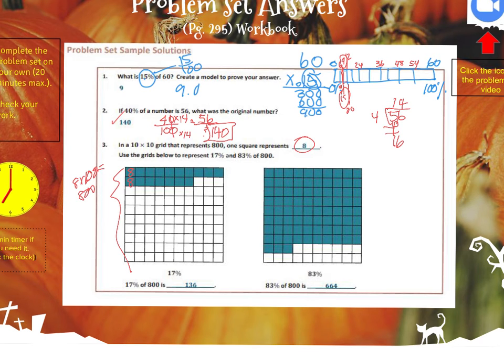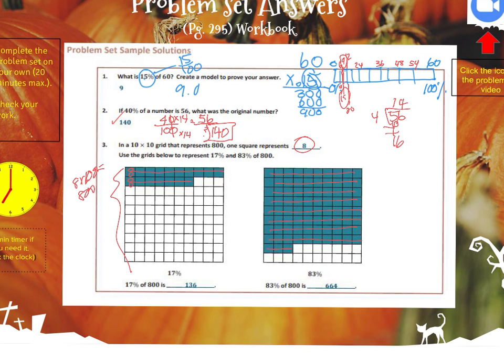And then use the grids below to represent 17%. So that's 17, so 10 and 7, 17 out of 100. That's accurate. And then over here, we have 10, 20, 30, 40, 50, 60, 70, 80, and before you fall down, there's 3. 83 out of 100.